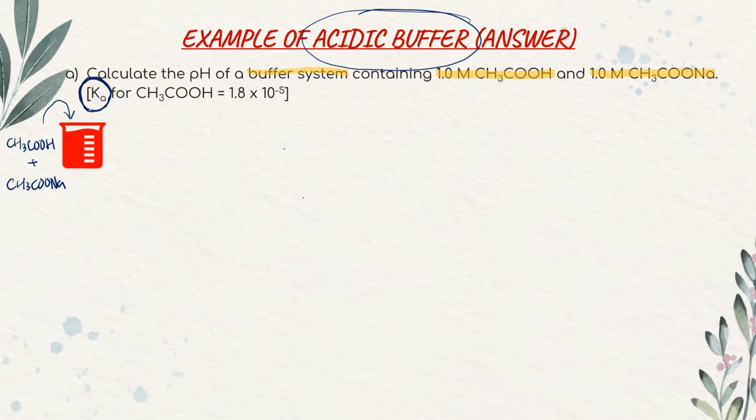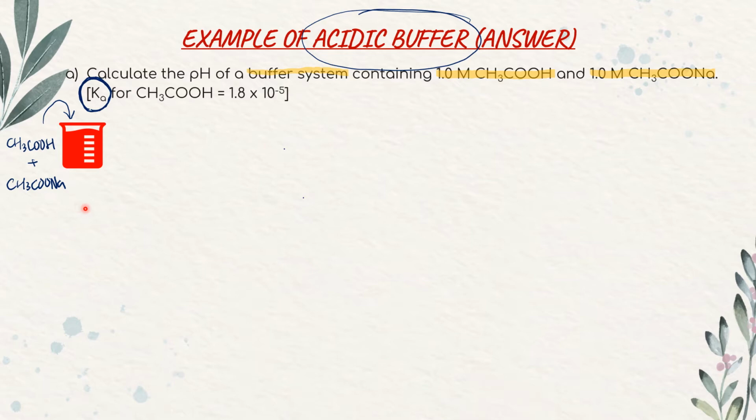So if you have a Ka value, okay, so most probably you will have an acidic buffer. Kalau awak ada Kb, so awak akan ada basic buffer. Okay, so ingat, bila kita cerita tentang buffer system, we need to identify which part of the solution, maksudnya antara solution dekat sini kan kita masukkan dua tadi, we need to identify which one is the acid component and which one is the basic component.